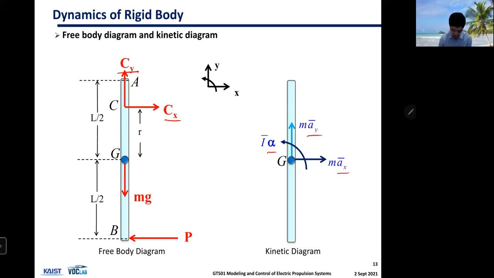So in this example, we have translational speed at G, and that point G has acceleration of ax and ay, x and y direction, and then we have angular acceleration alpha, and these three variables can describe all the motions of this bar, but the external forces are these P, mg, cx, and cy.